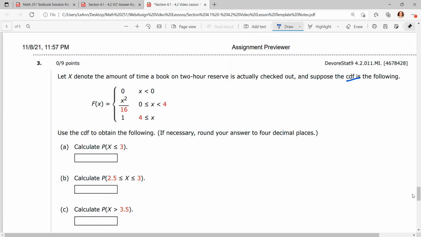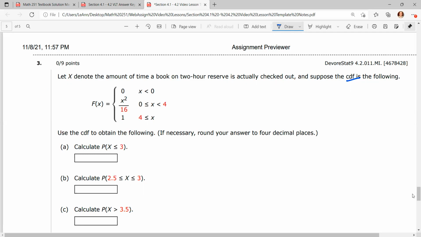So if we have anything where we're doing probabilities less than 0, we're going to get 0 because there is no area underneath that part. If we're between 0 and 4, we're going to use x squared over 16 to figure that out. And if we are greater than or equal to 4, we've already accumulated all of our areas. So that's a 1.